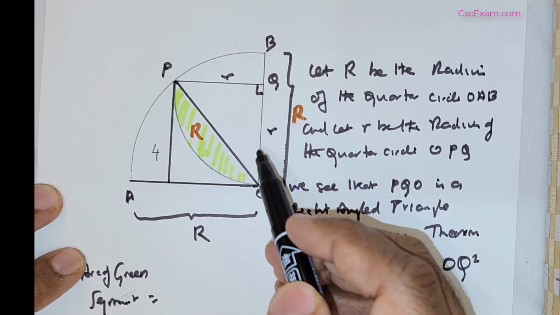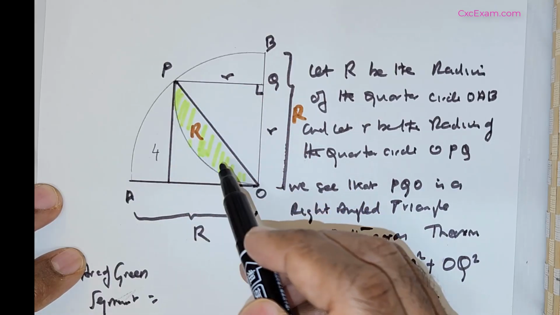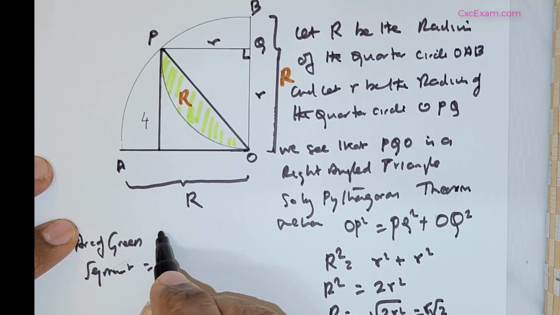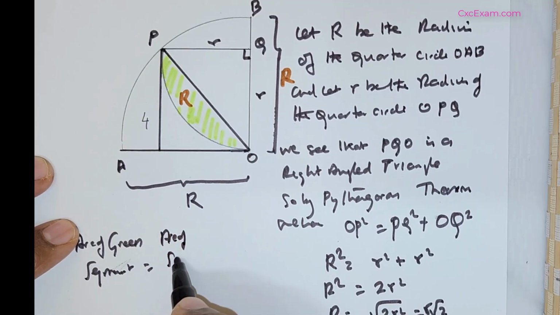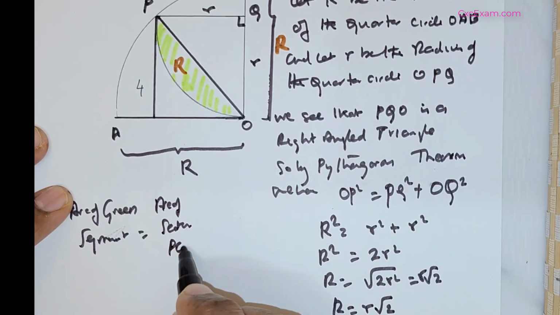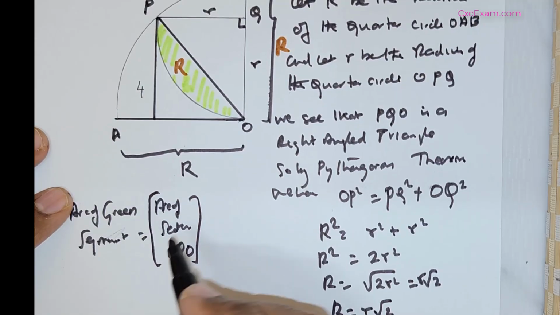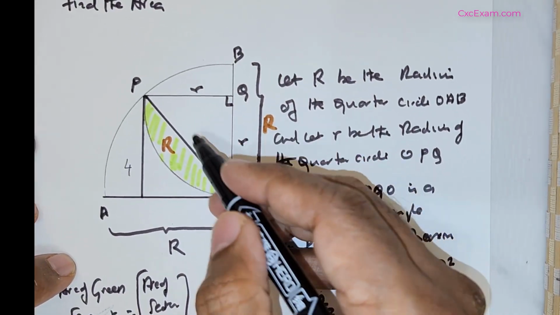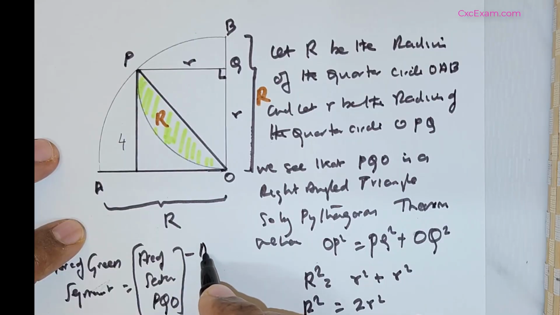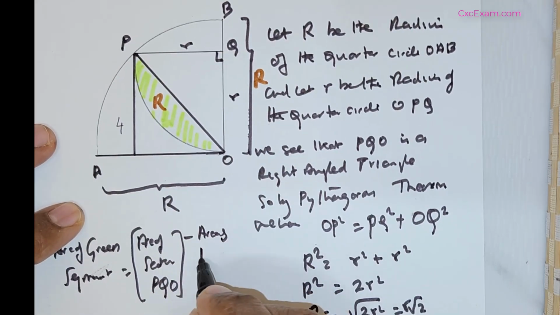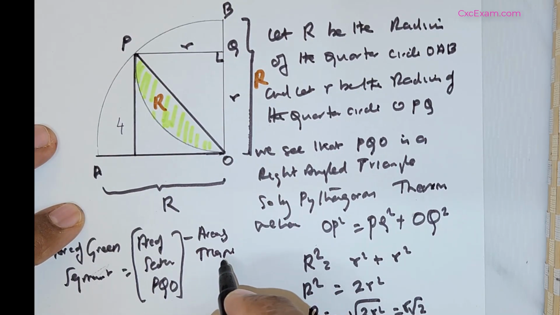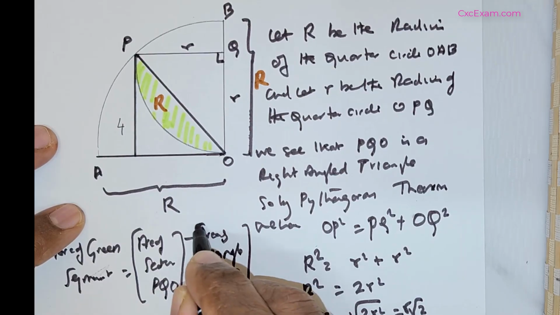Say PQO is a sector. So from the area of the sector PQO, what do I do? I subtract the area of the triangle PQO, right?